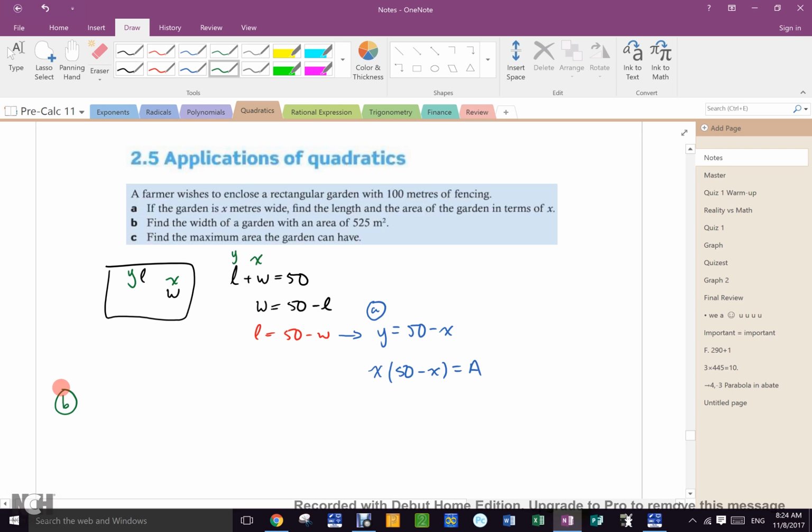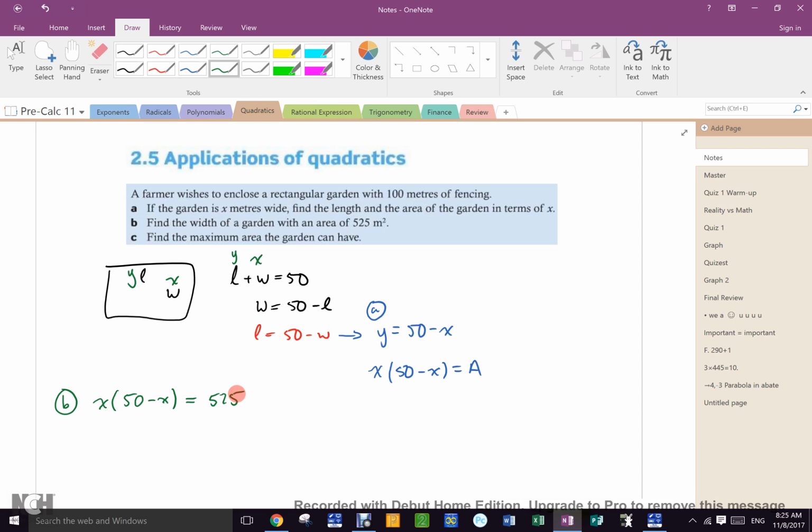So what do we know? We know that this is the area, the length and width. But now we know the area is what? 525, right? So how can we use that in the math we know right now?